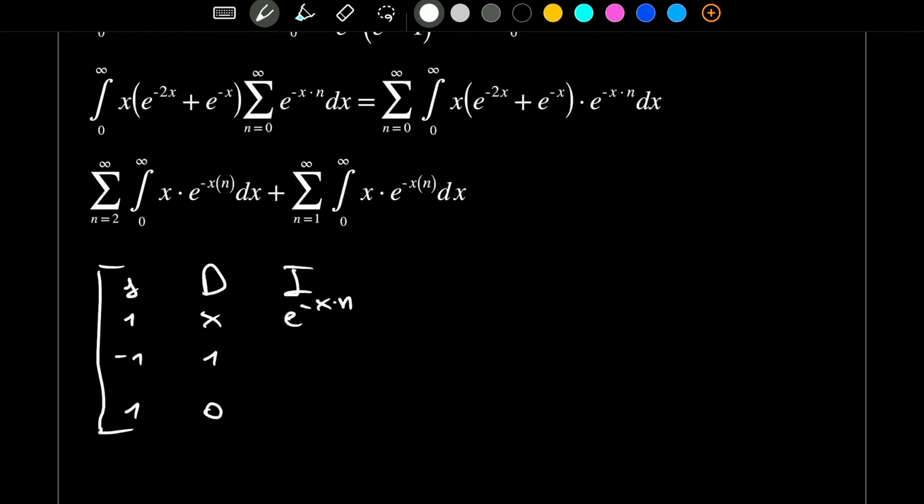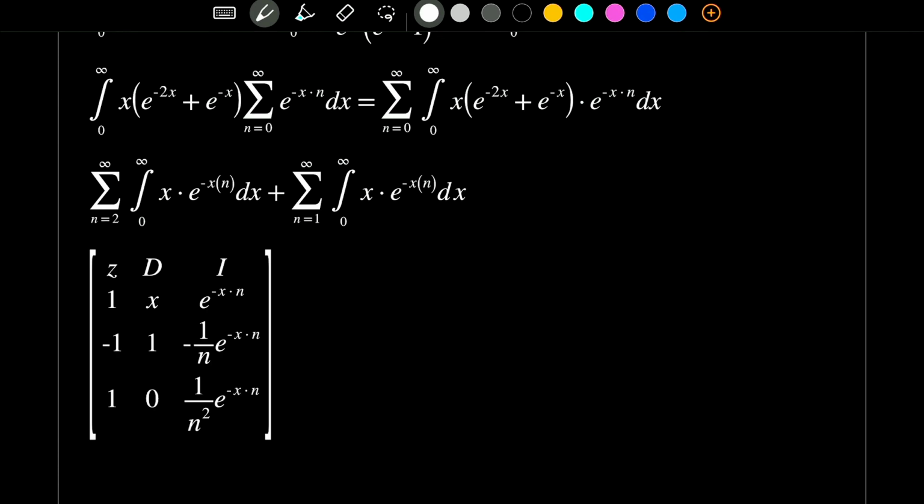Now we're going to integrate these functions as well. So that is just a basic function which is going to give us minus 1 over n times e to the power of minus x times n. And then again is going to give us 1 over n squared times e to the power of minus x times n. And this is going to be our final integration.